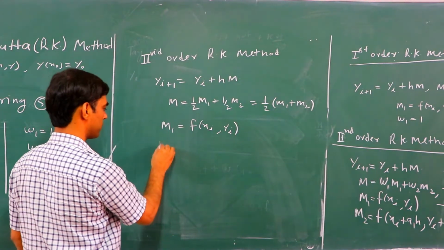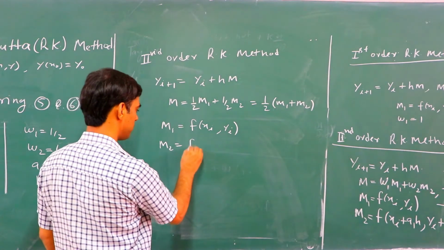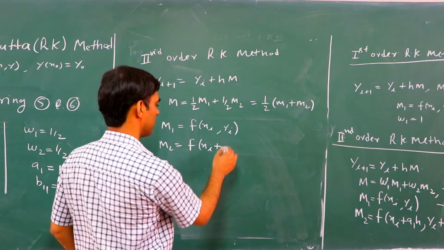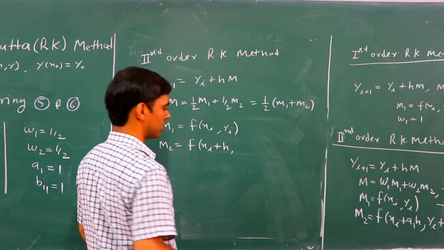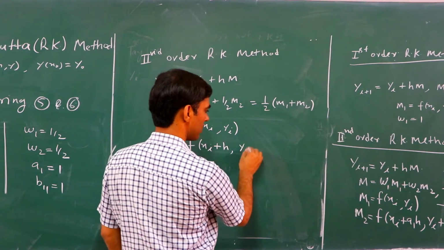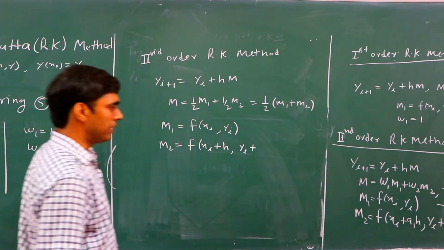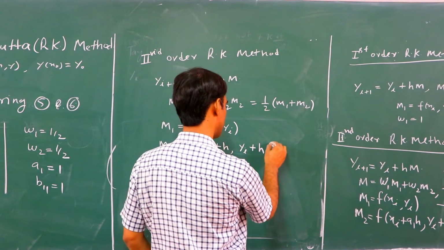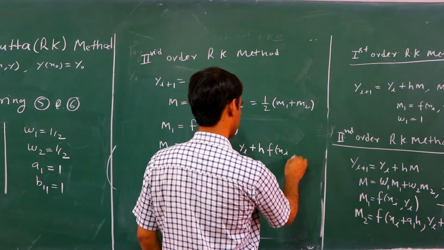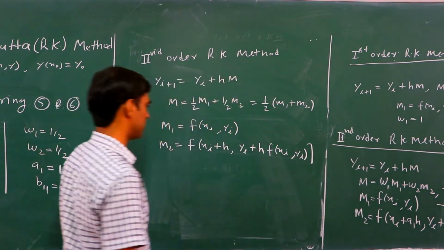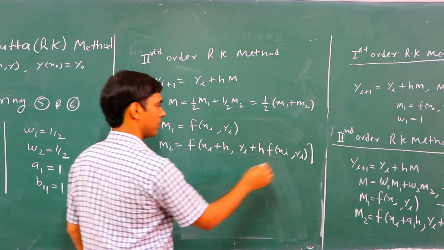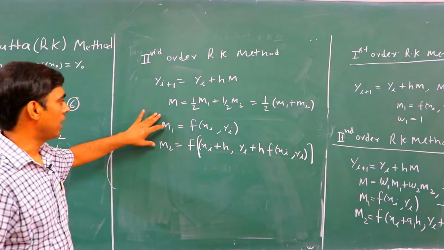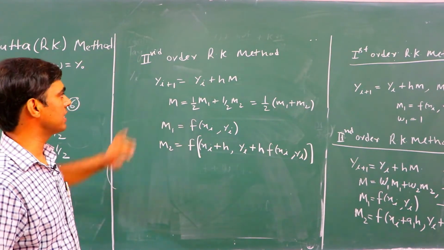And m2 equals f of x i plus A1 h, where A1 is 1, so x i plus h, and y i plus B11 h m1, where B11 is again 1 and m1 is f of x i, y i. So this is m2.